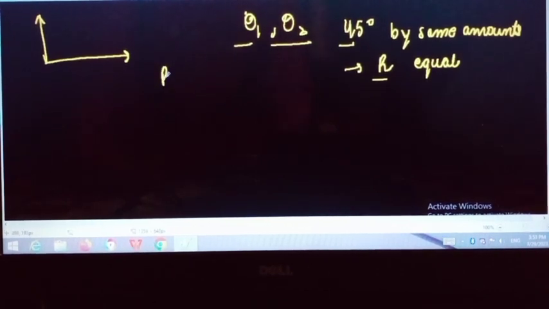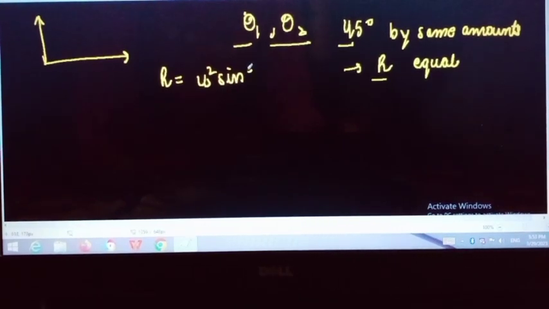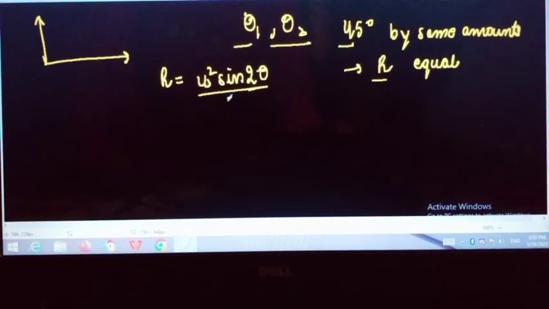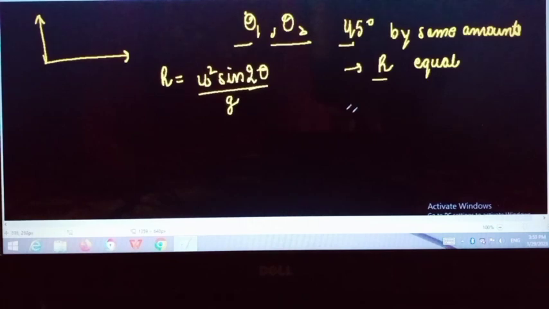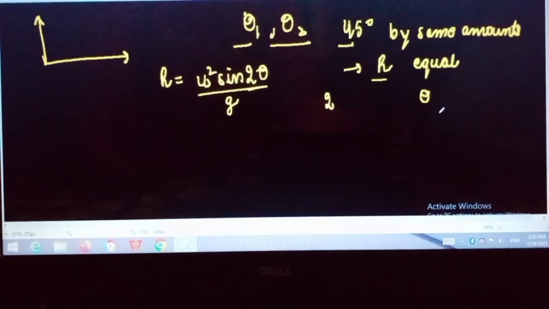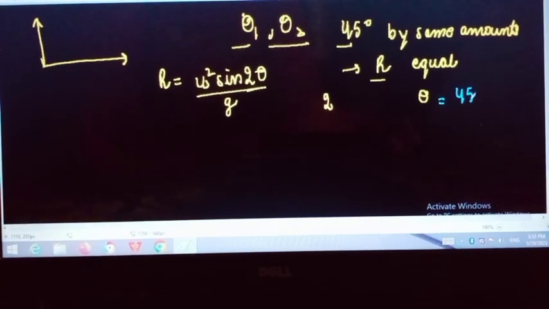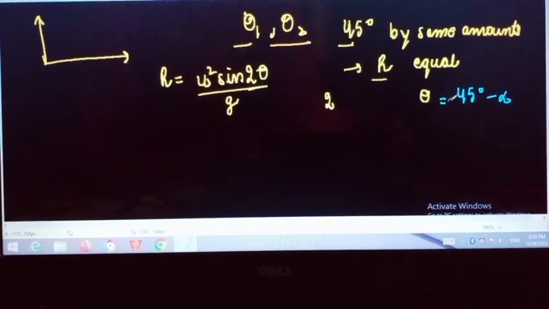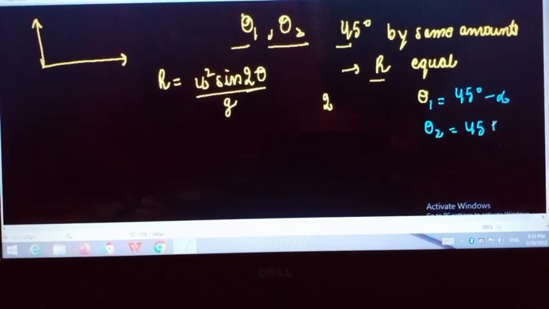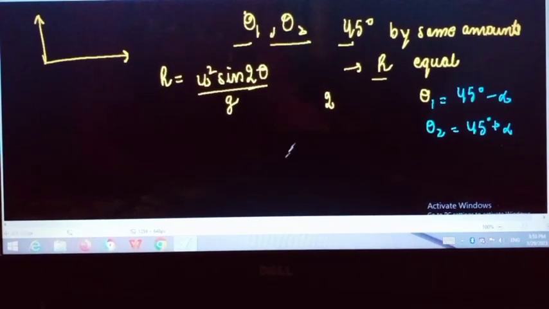The formula for range is u square sine 2 theta upon g. It is the formula for horizontal range, and if we put the value of theta, suppose theta 1 is 45 degree minus alpha, theta 2 would be 45 degree plus alpha.